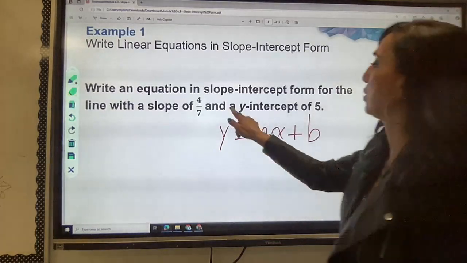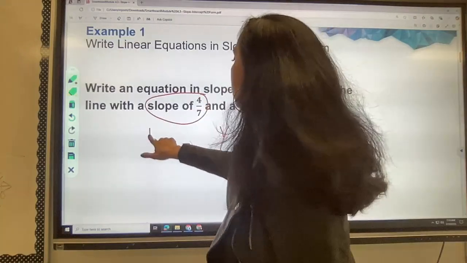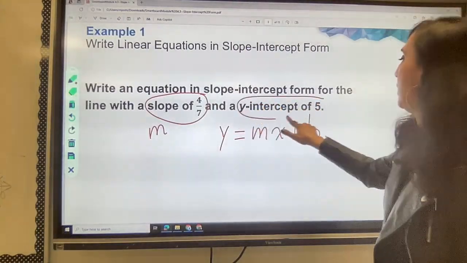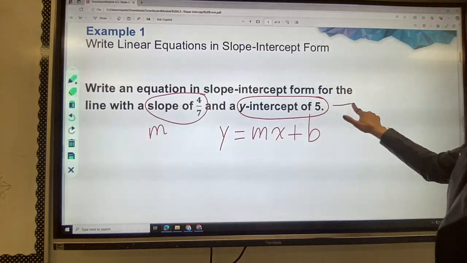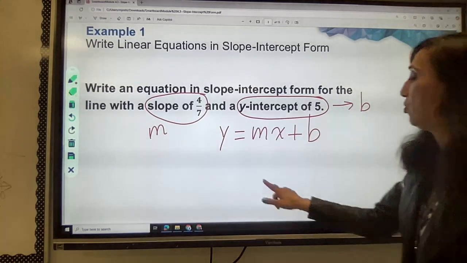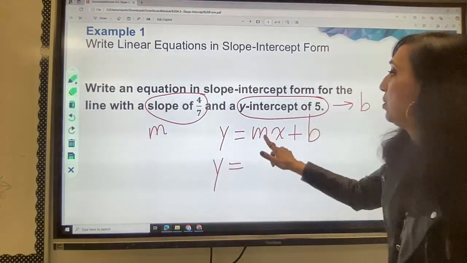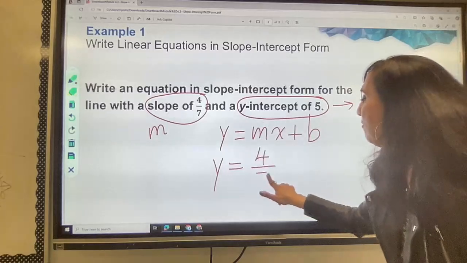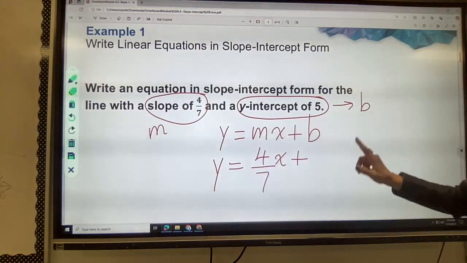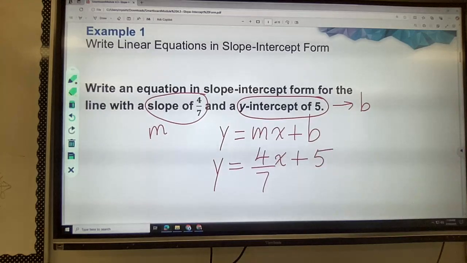It's telling me that the slope is this much, so this is my m. And it's telling me that the y-intercept is 5, so this is my b. So now all I'm going to do is replace those values into my slope-intercept form. And so I'm going to write y is equal to, my slope is 4/7 x plus 5. And that is my slope-intercept form.